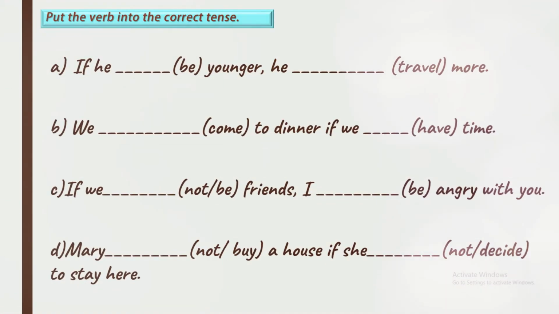Let's practice further. Put the verb into the correct tense. The first sentence, I have the verb be and the verb travel. Please try it by yourself first, then play the video and check your answers. A. If he were younger, he would travel more.